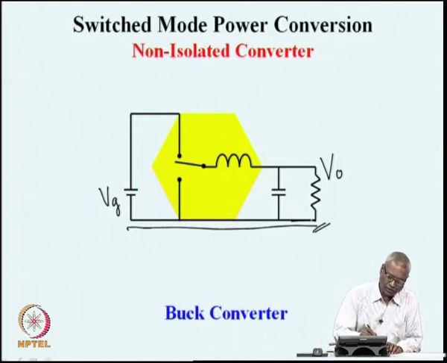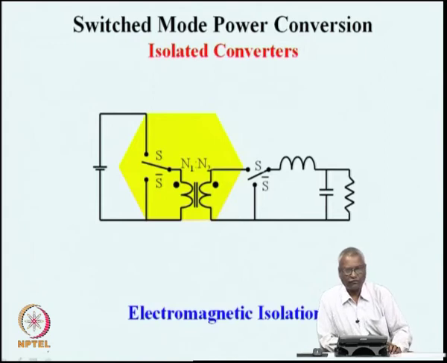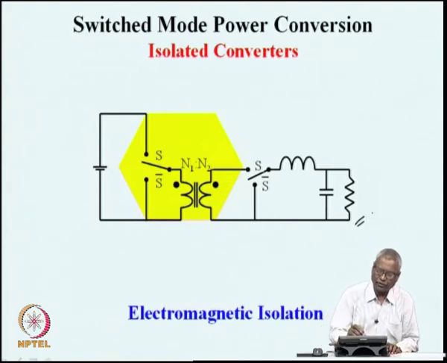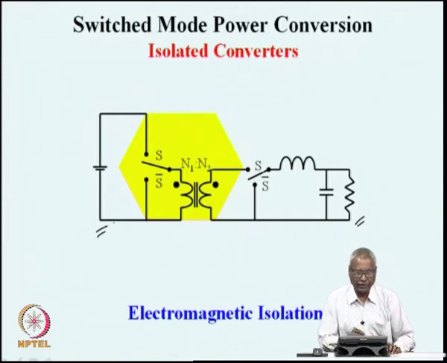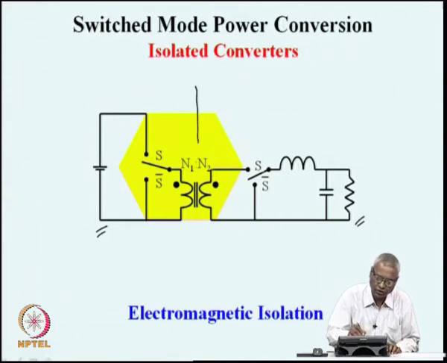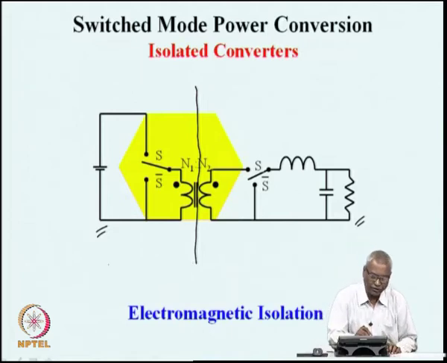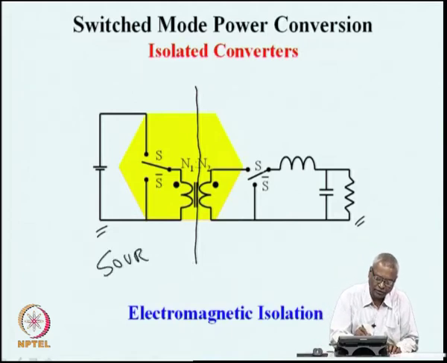In general, a more general converter would try to provide power to a load connected at a potential which is different from the source completely, so that there is a total electrical isolation between the source side and the load side.